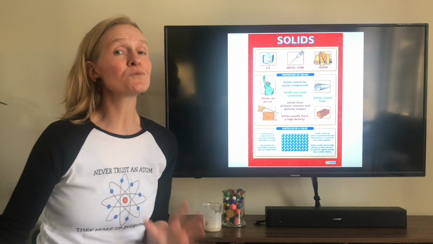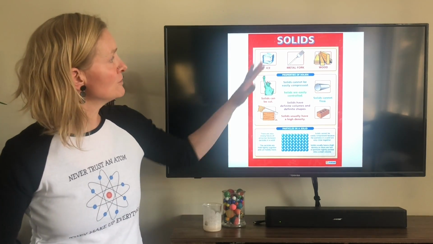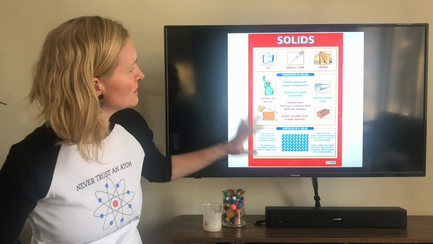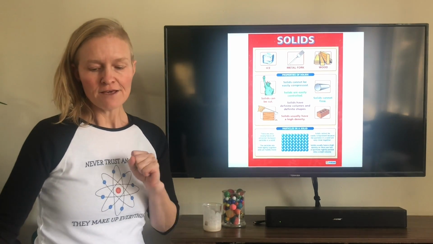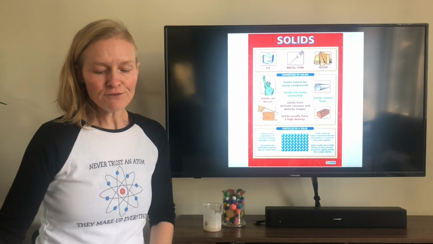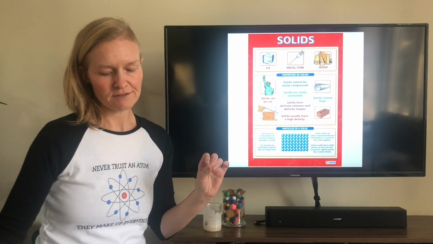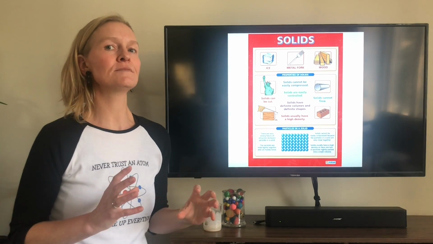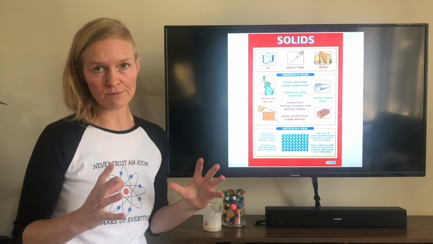It is important to remember, though, that even though a solid will have all of these properties, the molecules are still moving, even if just a little bit. And this gives them their solid and definite shape, okay?